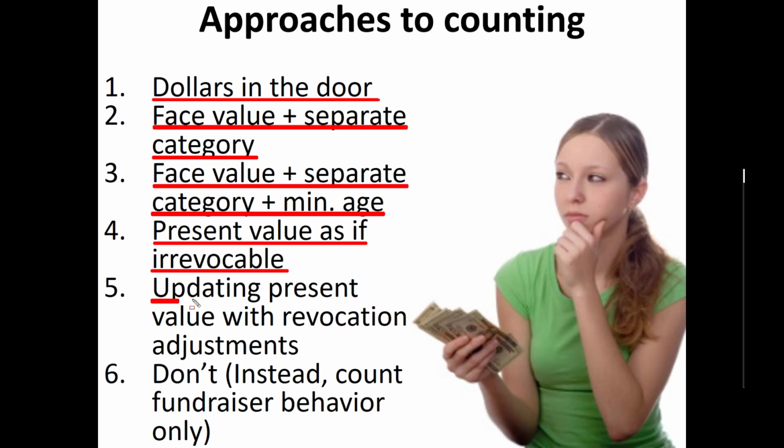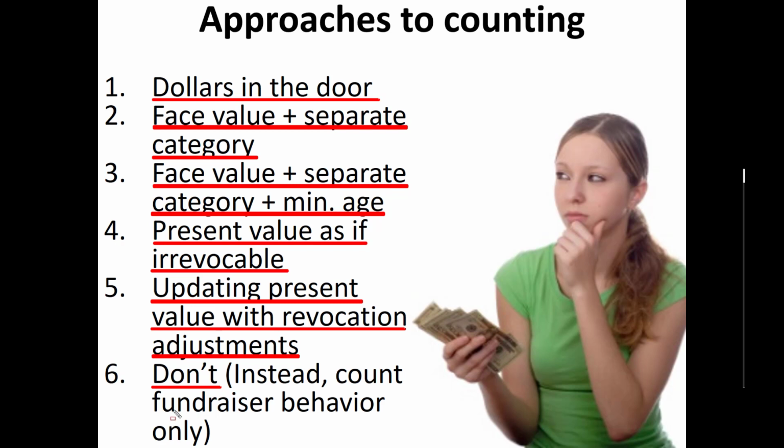The 5th strategy, and there are some different variations of this we'll look at, is to update the value with revocation adjustments. That is, to not only have an initial value, but to have an additional increasing value as the person ages. And then the final approach is to say, no, don't count the gifts.